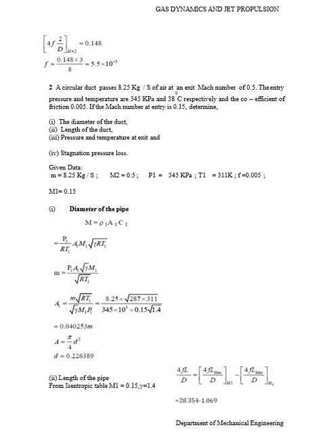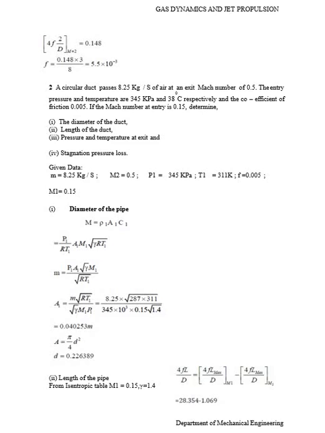Then the second problem: a circular duct passes 8.25 kg per second of air at an exit Mach number of 0.5. The entry pressure and temperature are 345 kPa and 38 degrees Celsius respectively, and the coefficient of friction is 0.005. If the Mach number at the entry is 0.15, determine the diameter of the duct, length of the duct, pressure and temperature at the exit, and stagnation pressure loss.